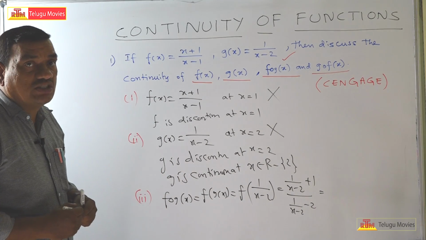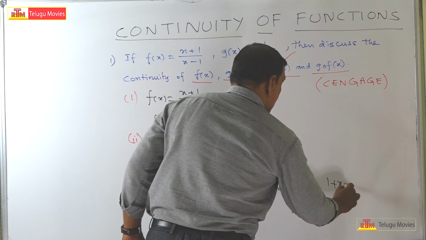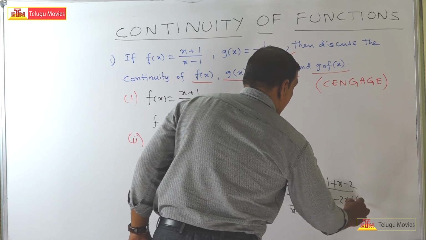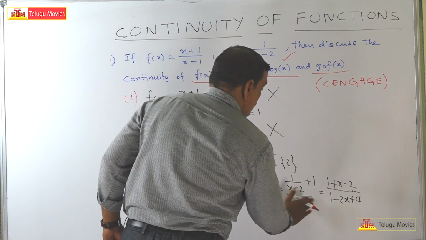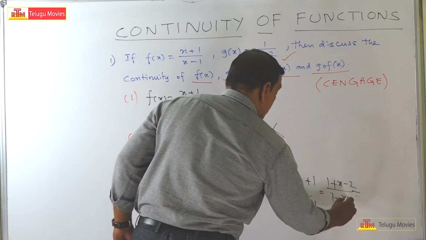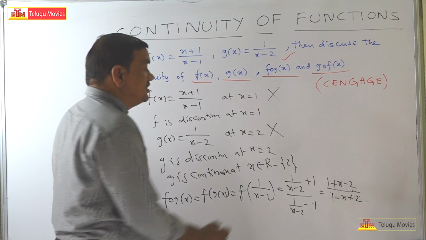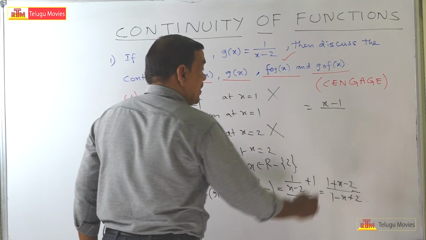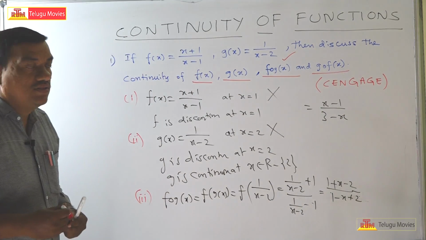Here x minus 2 gets cancelled. So we have 1 plus x minus 2 over 1 minus x plus 2, which is equal to x minus 1 upon 3 minus x.